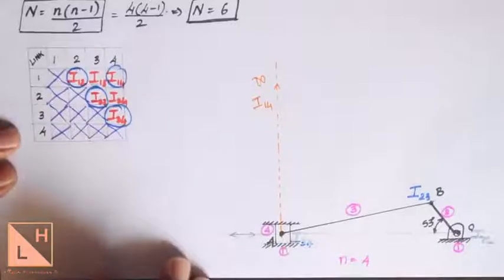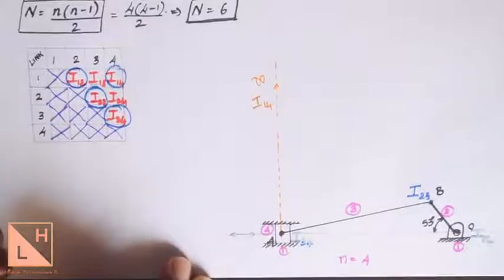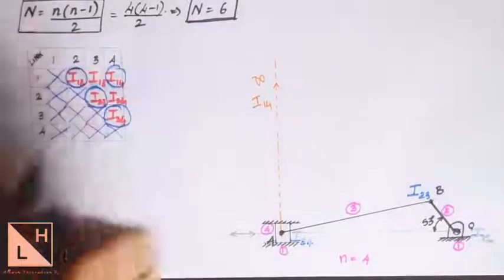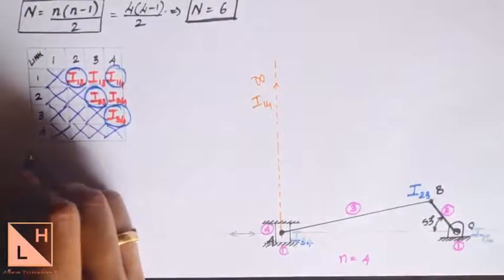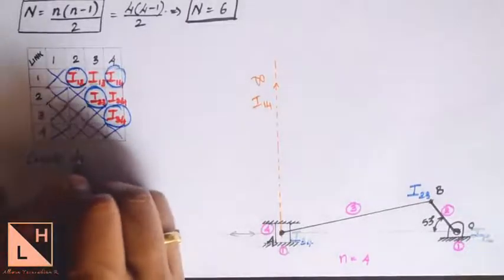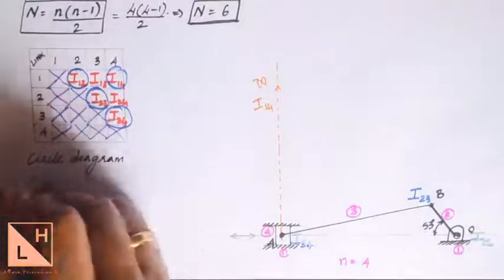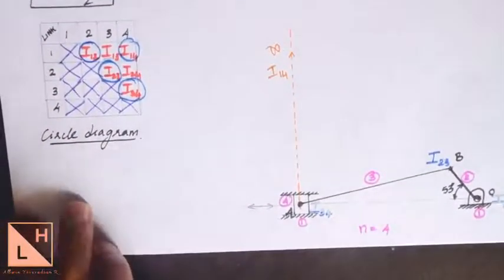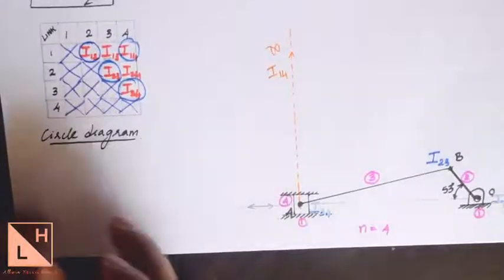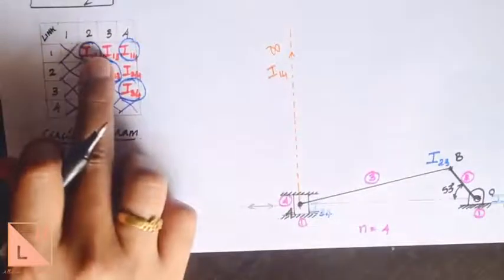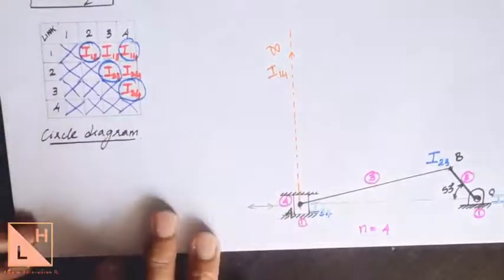I told you in the beginning, instantaneous center method is a geometrical way of finding out the velocities and the instantaneous centers. So in order to get the remaining two instantaneous centers, we are going to use a diagram called the circle diagram. So when we use this circle diagram, that diagram will give us the clue which instantaneous centers are to be joined to get the intersection of the remaining instantaneous centers that are to be found out.